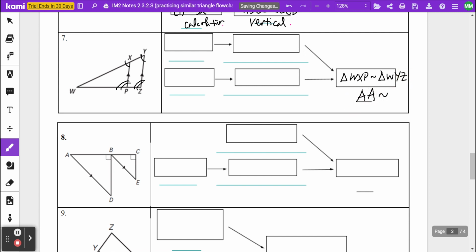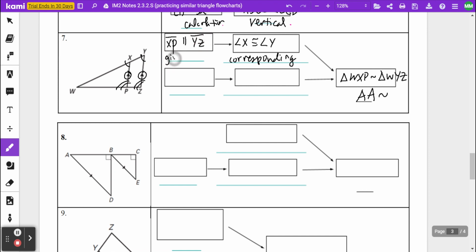First, I'll talk about angles X and Y. Angle X should be congruent to angle Y since they are corresponding. Now, we know that corresponding angles are only congruent if the associated lines are parallel. Let's say that they are because we have these arrow markings. So XP is parallel to YZ.